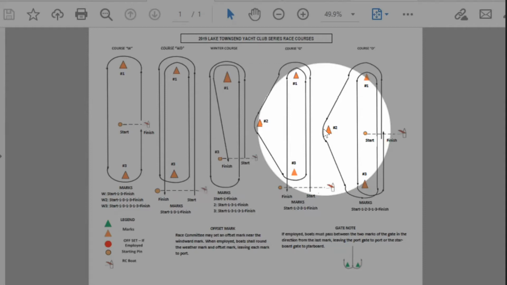Well, there's an argument that we should do it more. We do it occasionally at Townsend, and it's my understanding that the Portsmouth handicap is based on boats sailing this course. Really?